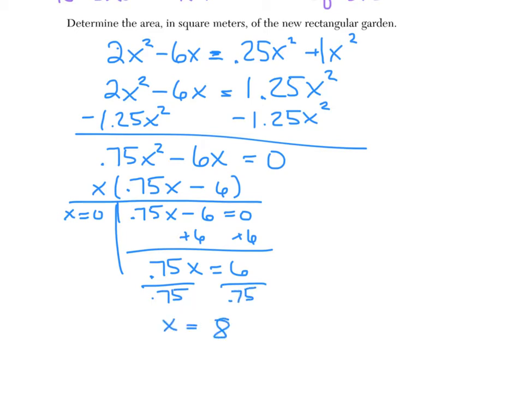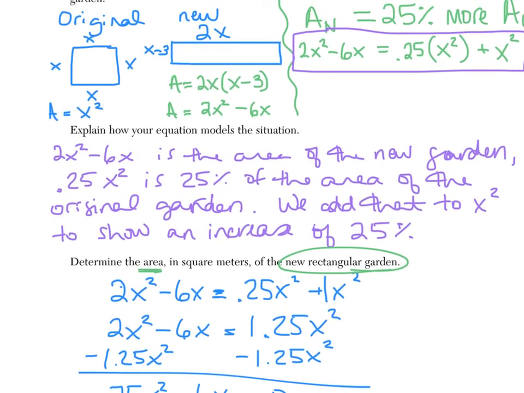All right, so I now know x, and a lot of students would want to stop here. But did we answer the question that was asked? They asked us to determine the area of the new garden. Well, if I go back up to the top and look at the area of my new garden, I can see that it was written right here as 2x squared minus 6x.